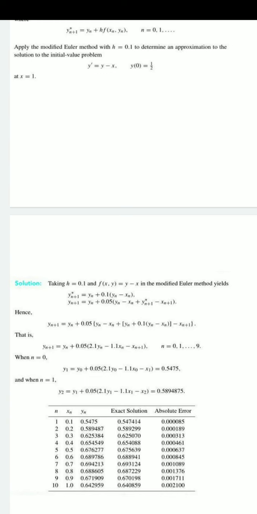We have already solved this problem using Euler's method, and now we are going to do it using the modified Euler method with h equal to 0.1.